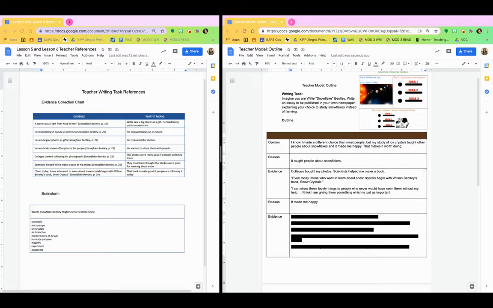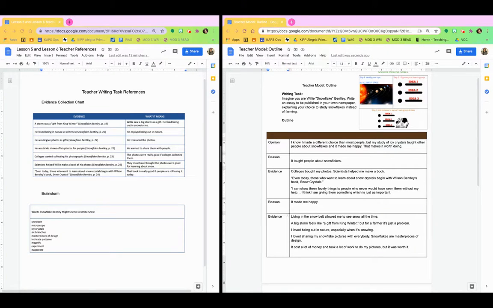Now I will look for evidence that shows how Willie's work with snowflakes made me happy. I will add those to the evidence box. So here are the pieces of evidence that show that it made me happy. 1, living in the snow belt allowed me to see snow all the time. 2, a big storm feels like a gift from King Winter, but for a farmer, it's just a problem. 3, I loved being out in nature, especially when it's snowing. 4, I love sharing my snowflake pictures with everybody.